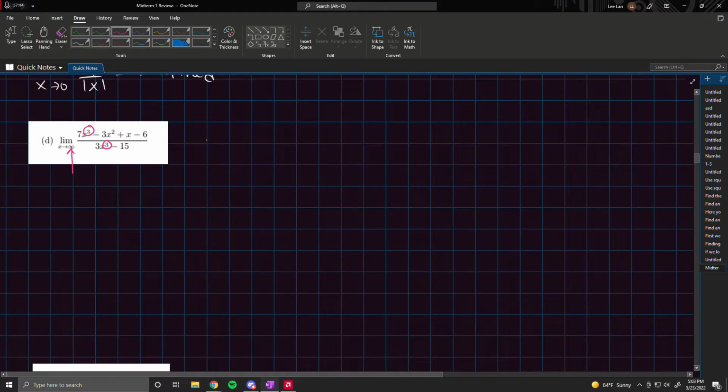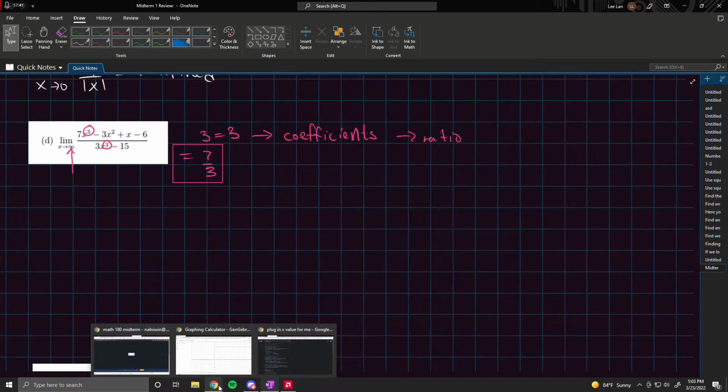And they happen to be equal. So 3 equals 3. Right, and in this case, we look at the coefficients and we make a ratio of the coefficients. So this is just 7/3. And that's it.